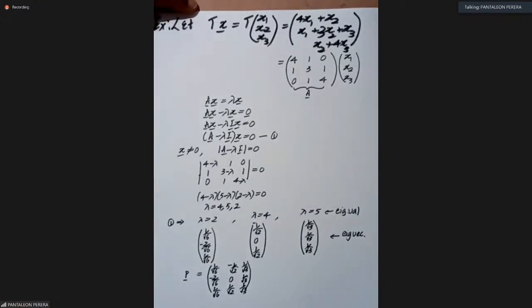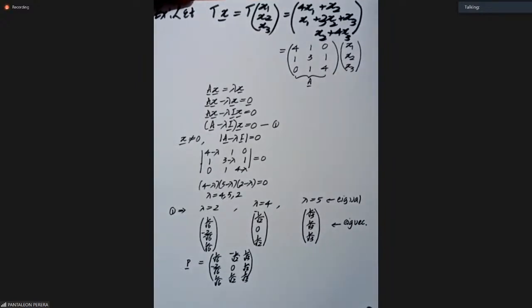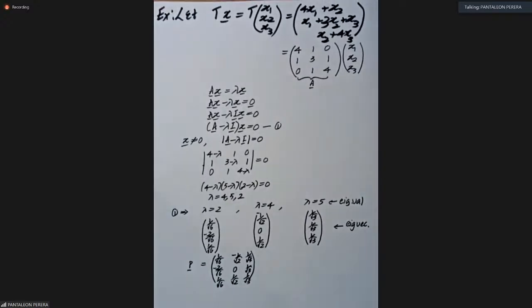Now we can form matrix P. Also note that P transpose P is I, which means P inverse is P transpose.